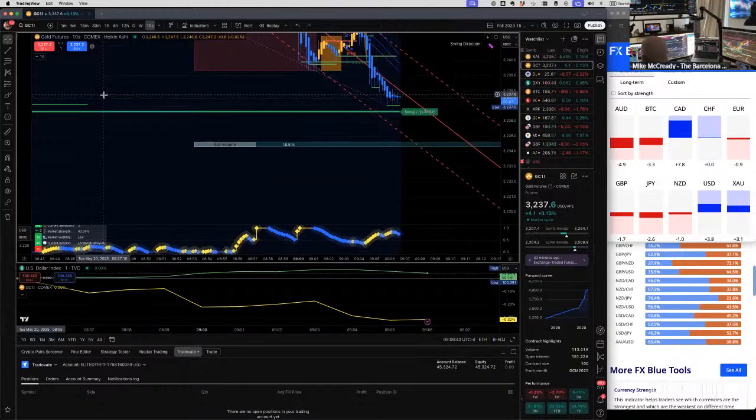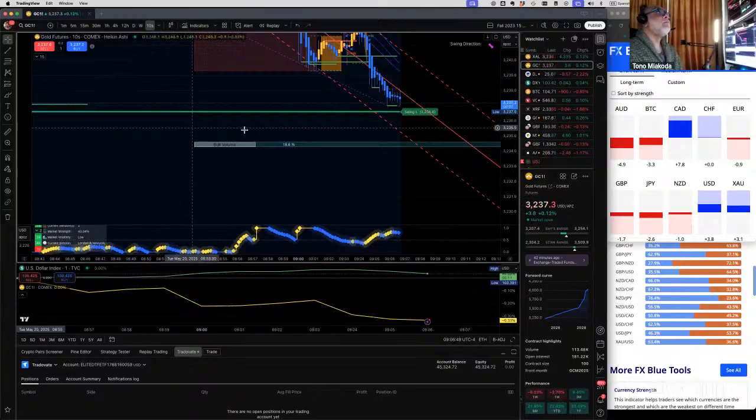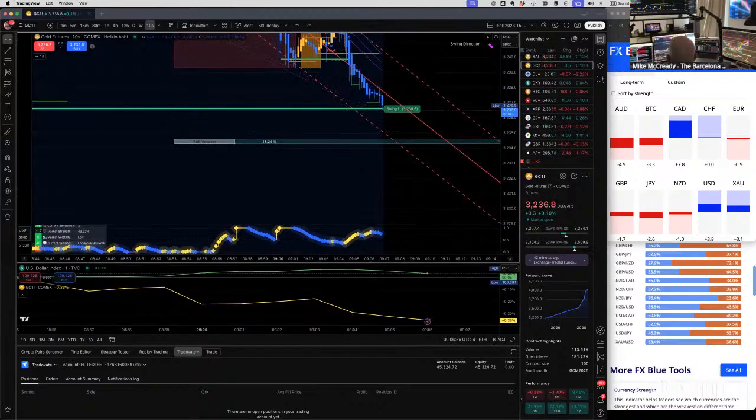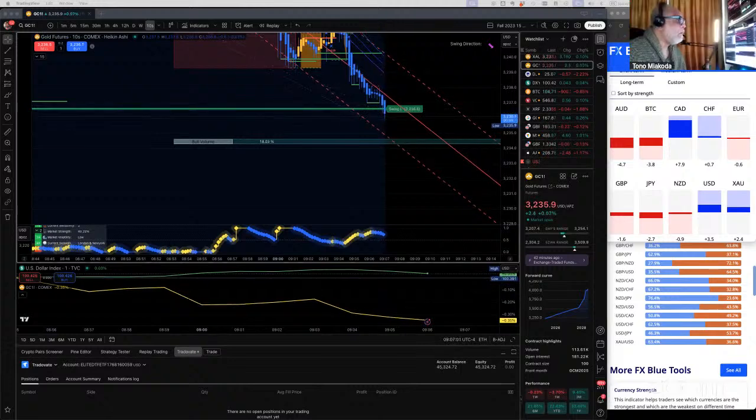But there is a support block on the daily pivot chart. I see it. It's on the 1 minute and 1 minute too. Yeah, man.